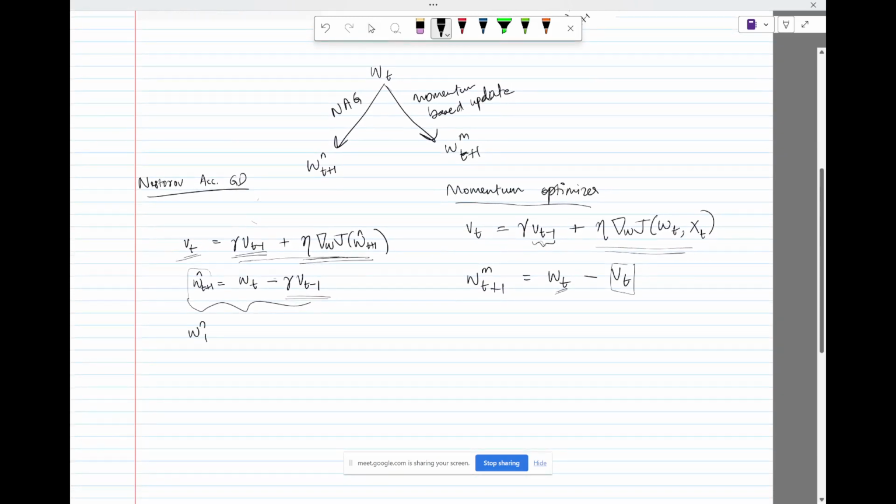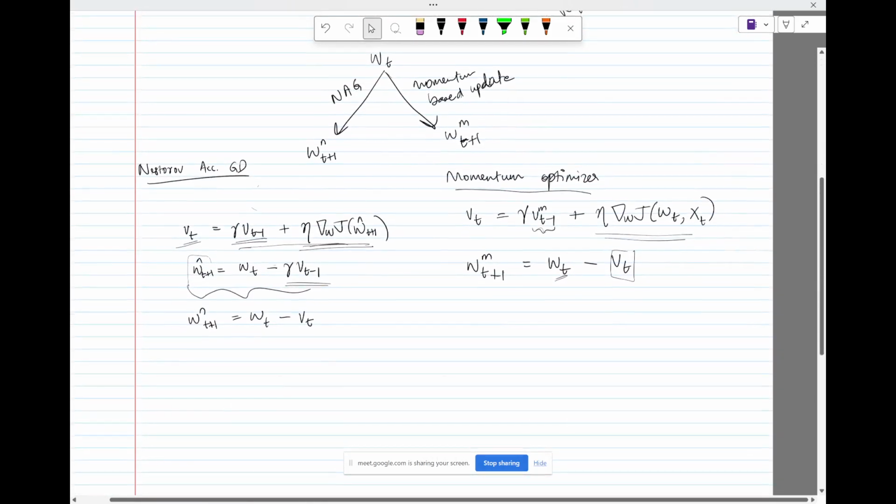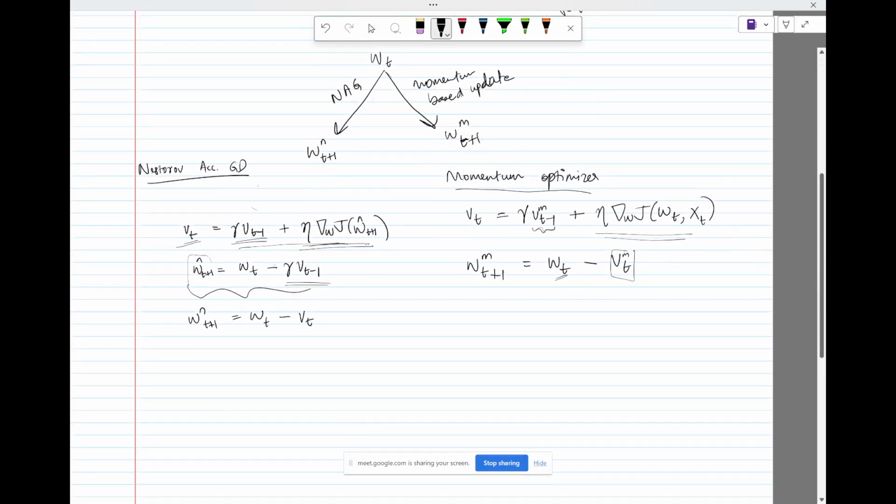Wn t plus 1 equal to Wt minus Vt. Maybe I can write this momentum as m, here also m, and here it is n.